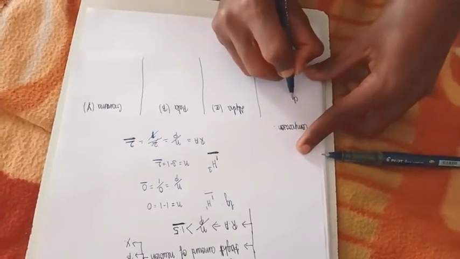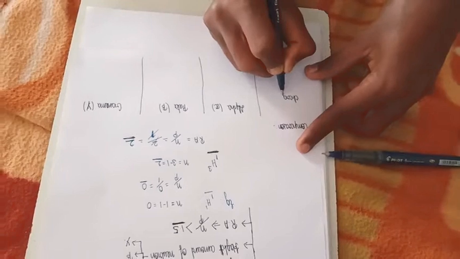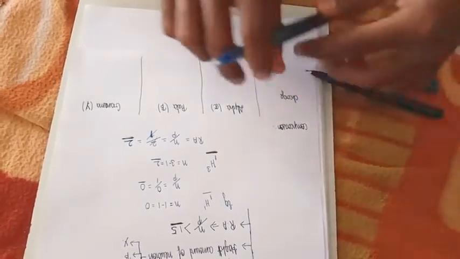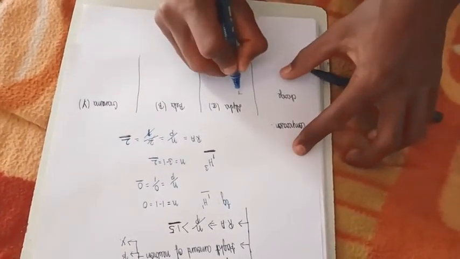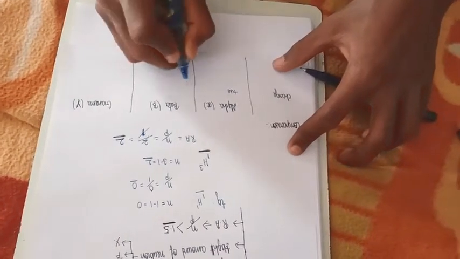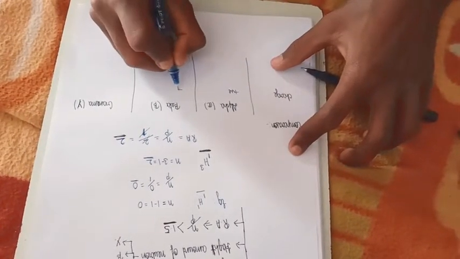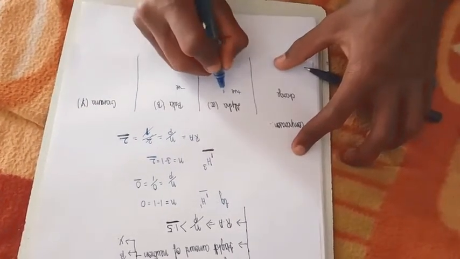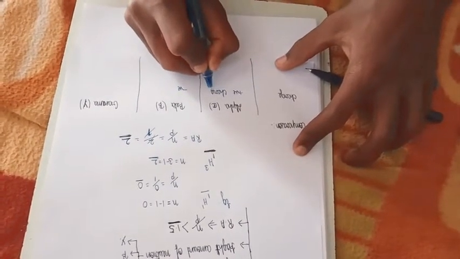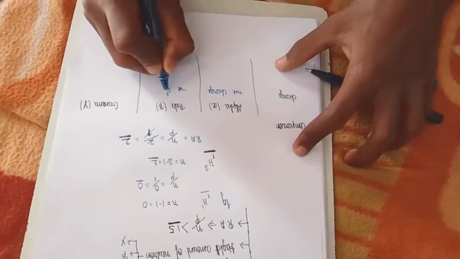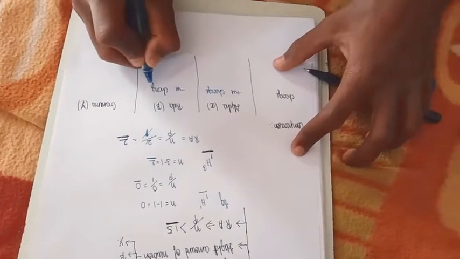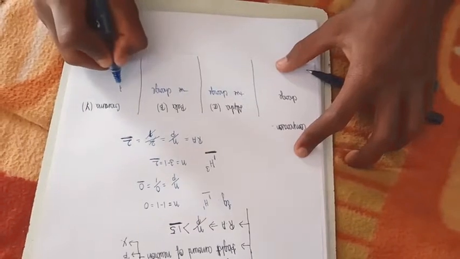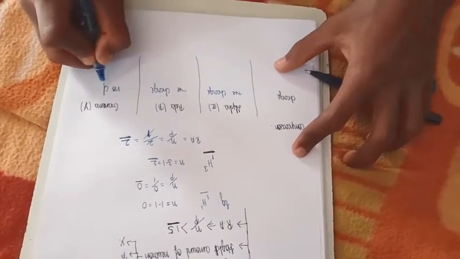In the field of charge, alpha is positive in nature, beta is negative in nature, and gamma doesn't have any charge.